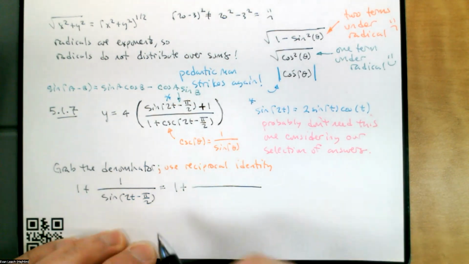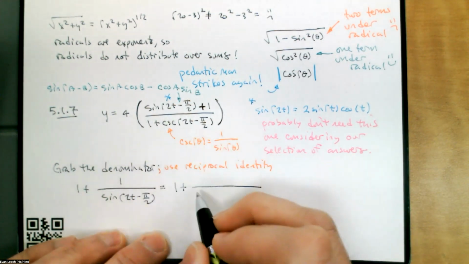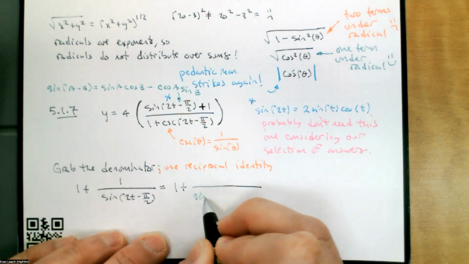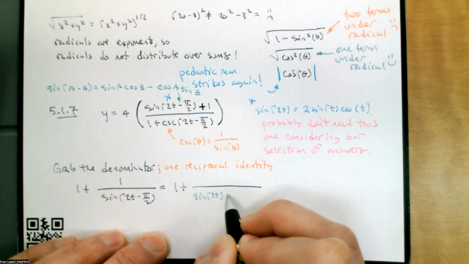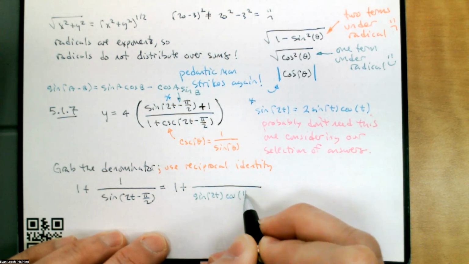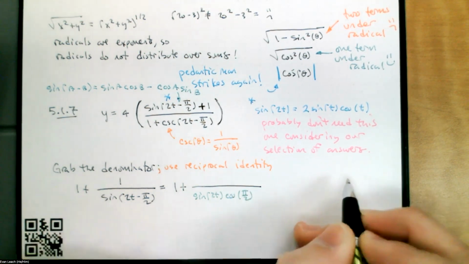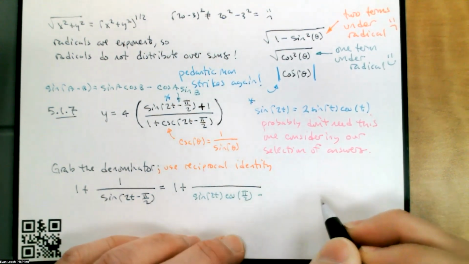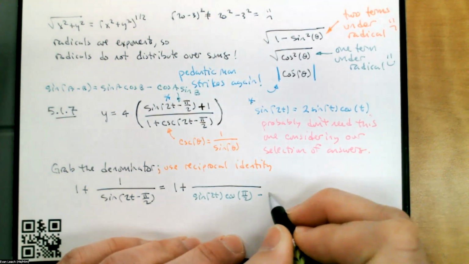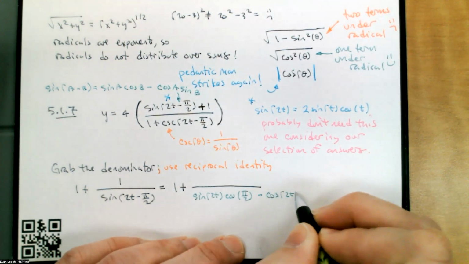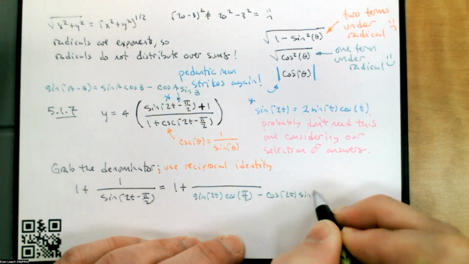So sine of 2t minus pi over 2 is going to be sine of 2t times the cosine of pi over 2 minus cosine of 2t times the sine of pi over 2.